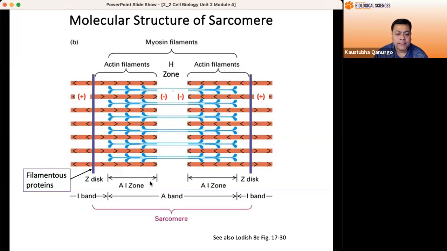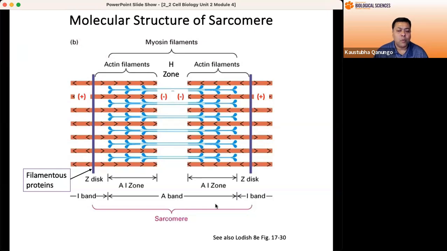And then the area where you have actin and myosin overlapping, we call this the AI zone. If you look at the first myosin head to the last one from each direction, the entire length of the thick filament of the myosin is the A band.